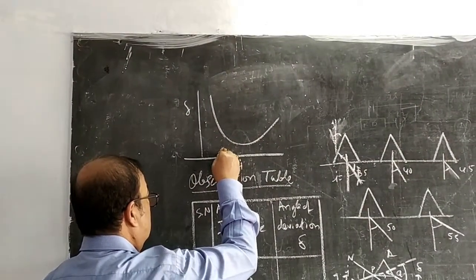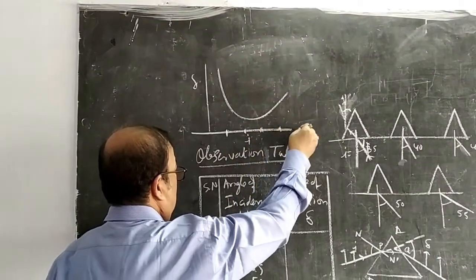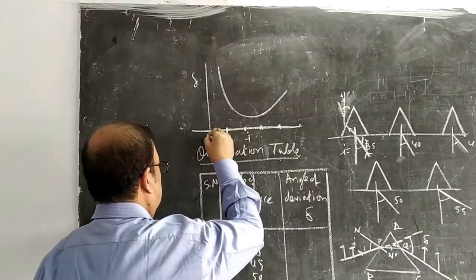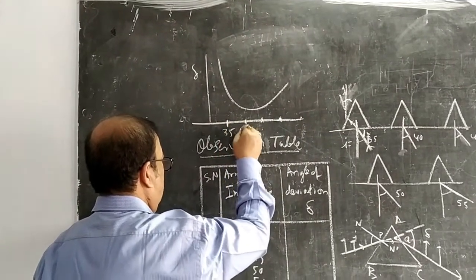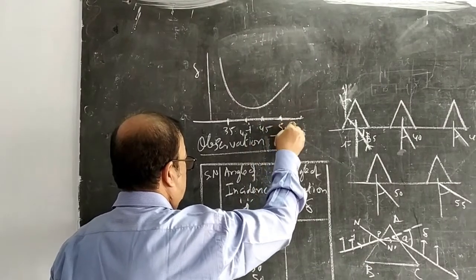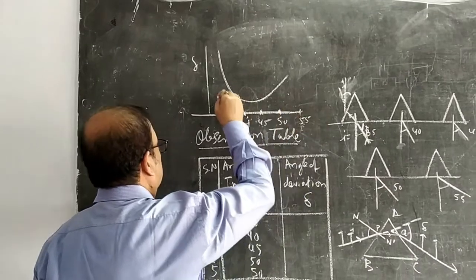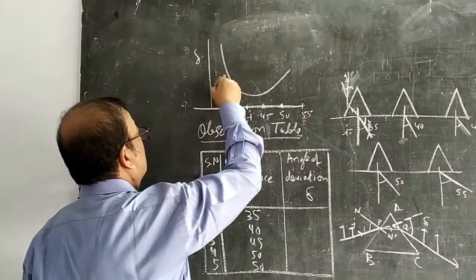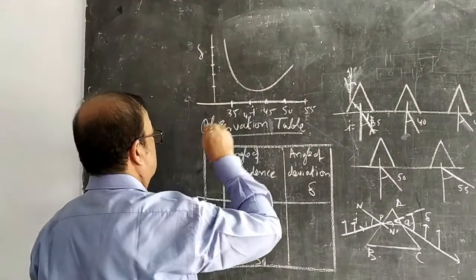One type of graph is there. This is your 35, 40, 45, 50 and 55, and the corresponding delta is taken here along the y axis.